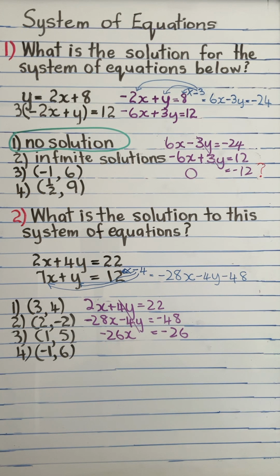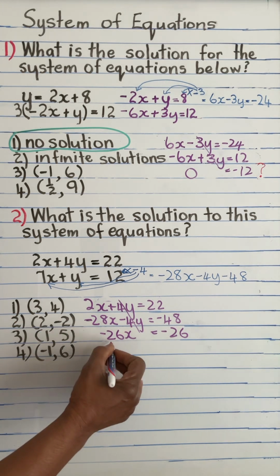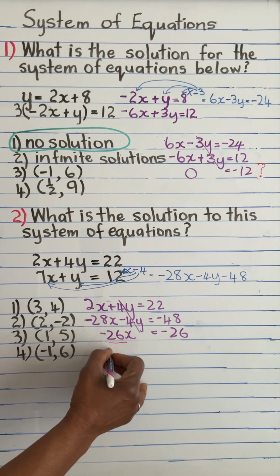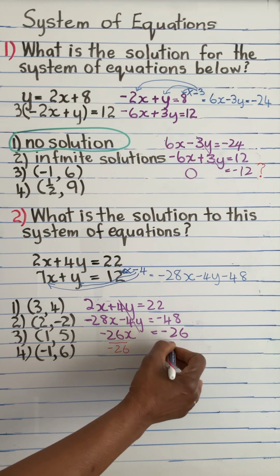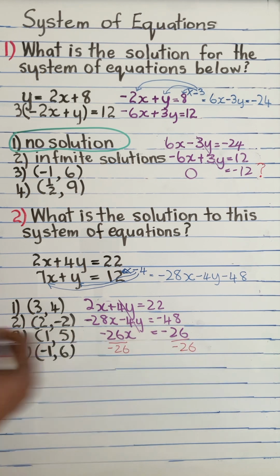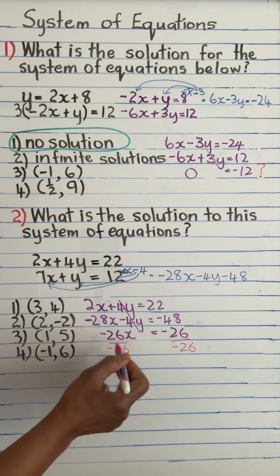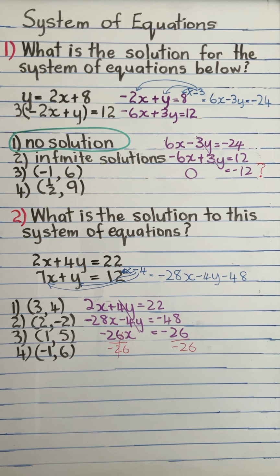Next, we're going to divide both sides by negative 26.